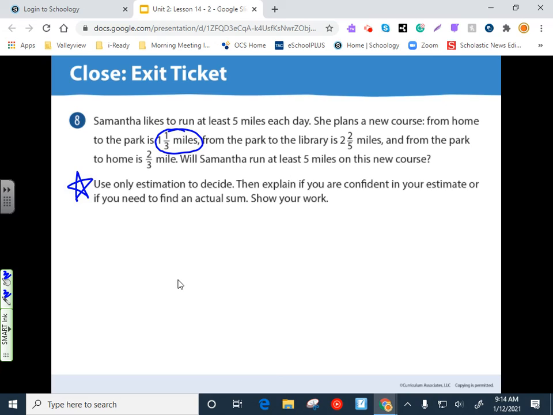So I've got 1 1/3. I'm going to change that to 1.5. I've got 2 2/5 miles. That could be 2 1/2 miles. And then I've got 2/3 of a mile. I'm just going to round up. I'm going to call that 1. So let's take our numbers.